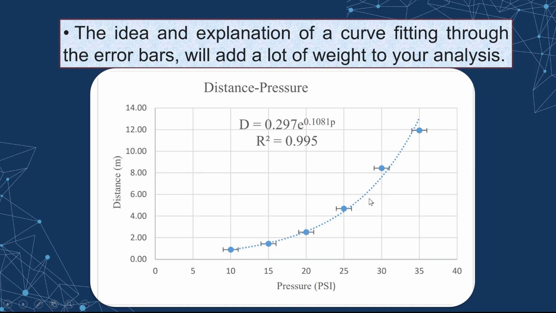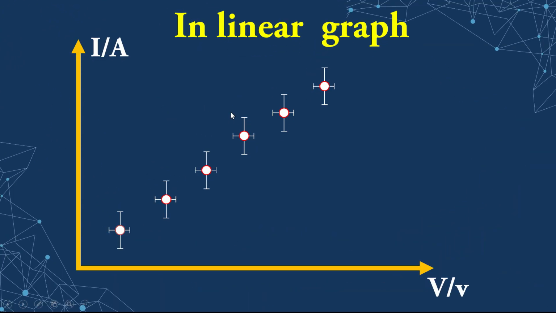It's very important. For example, you know that the best fit line must pass through all uncertainty zones. So you have done your best to pass it through all uncertainty zones, if it's possible, if you don't have any outliers. In a linear graph, although I have already mentioned and explained it in my measurement playlist, as mentioned in graph analysis, I re-explain it here.